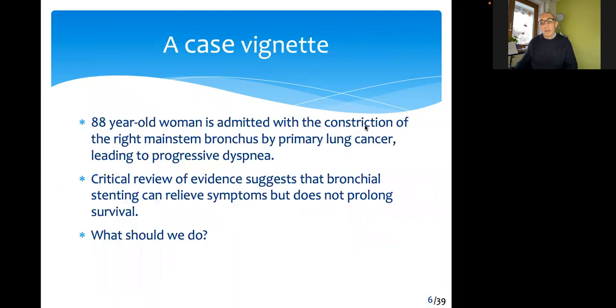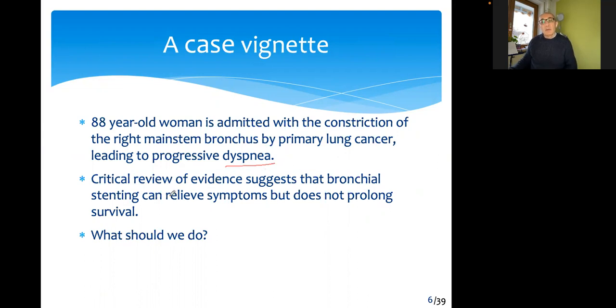So for and with the patients are the key words here in evidence-based medicine. I have a case vignette, an 80-year-old woman with lung cancer. She has some problems with respiration, breathing. She has dyspnea.